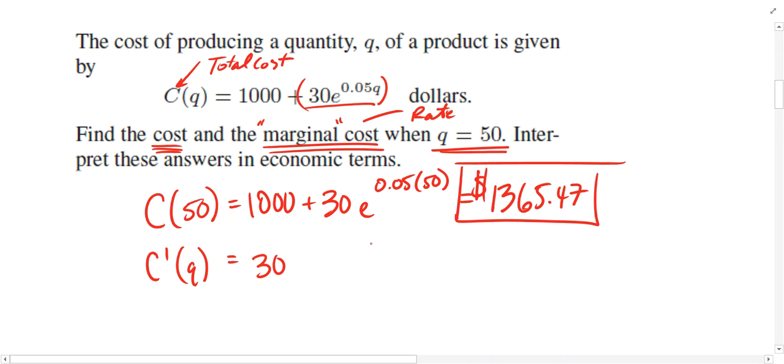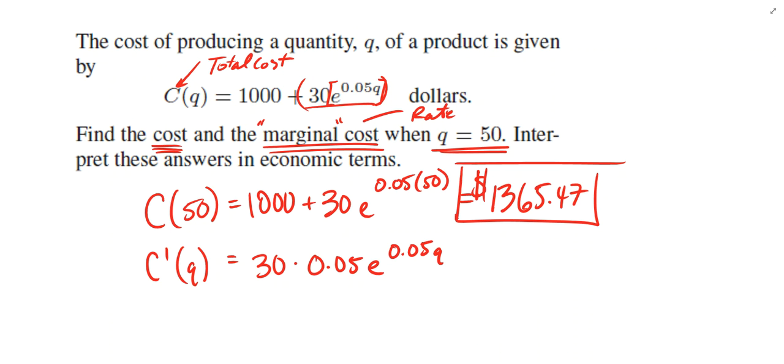The remaining function has a constant next to an e to the kx exponent. And the derivative here, much like the last example, is 0.05 times e to the 0.05q power.